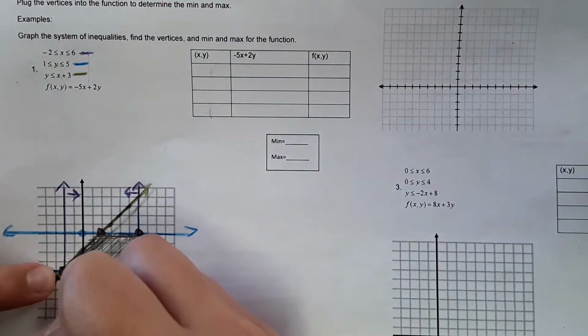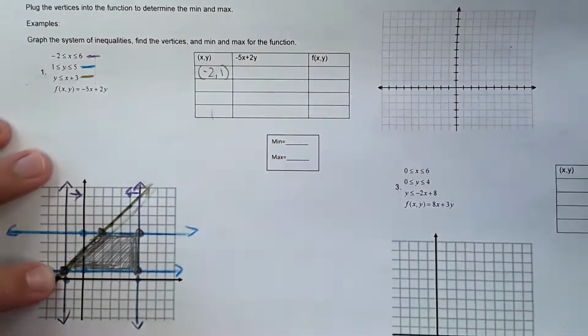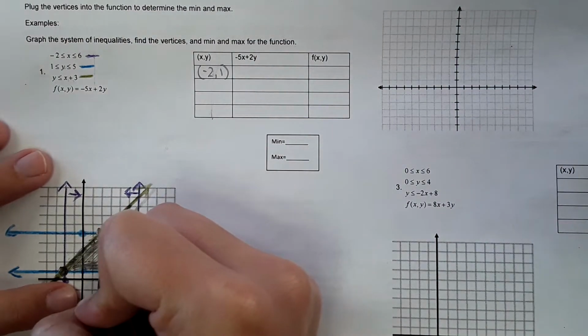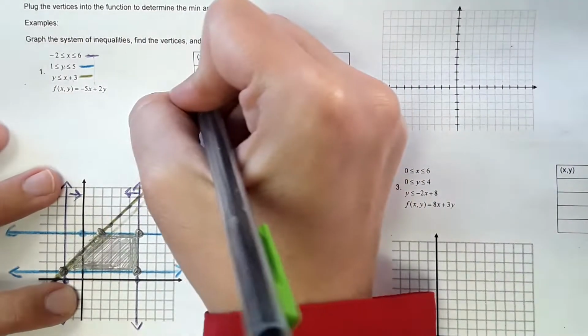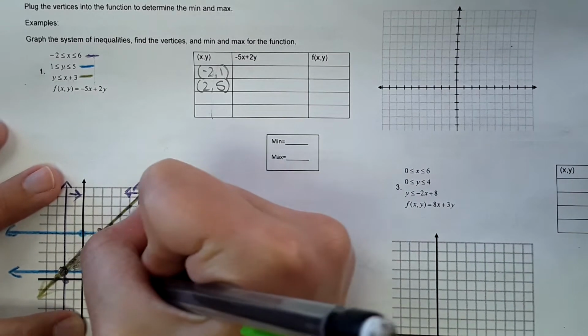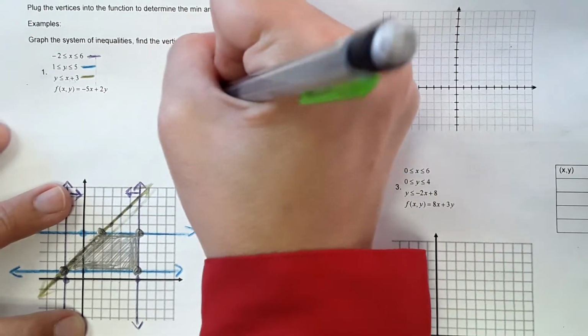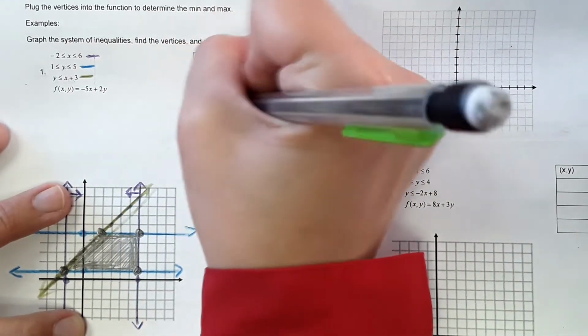So this corner is at -2, 1. This corner is at 2, 1, 2, 3, 4, 5. Six, 5, and then 6, 1.